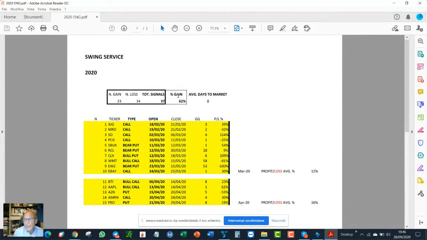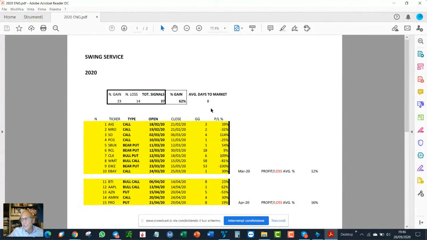So the average gain was 62%, and the average days in the market. What does it mean? It means how many days we have been in the market with the position. So we started the position, and then we've been managing the position. And the average days that we stay in the market is 8 days.